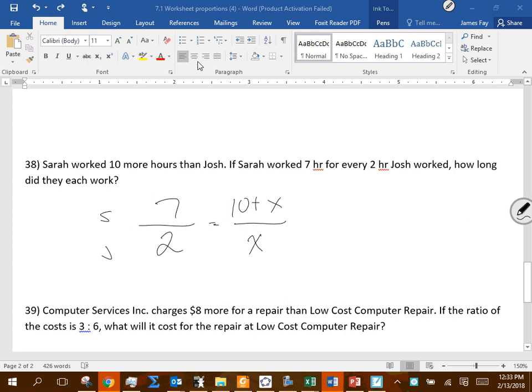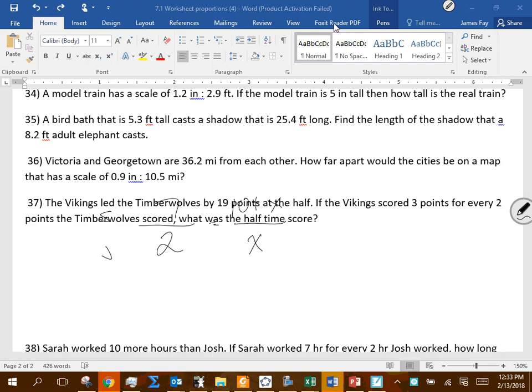Okay, would you guys agree that when I look at number 37, and I've got the Vikings leading the Timberwolves by 19, that's very similar to saying that somebody drove 15 minutes longer than somebody else, or somebody worked 10 hours longer than somebody else? Okay. Now they're saying the Vikings scored 3 points for every 2 points.